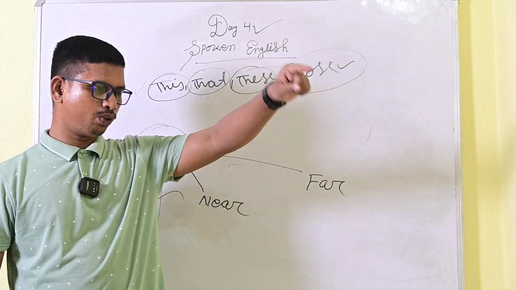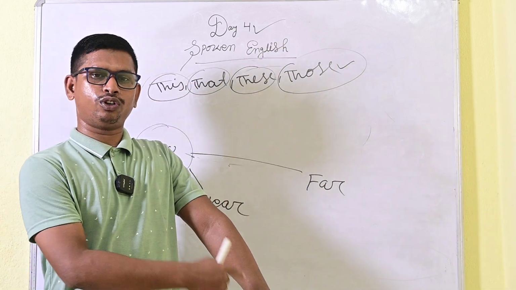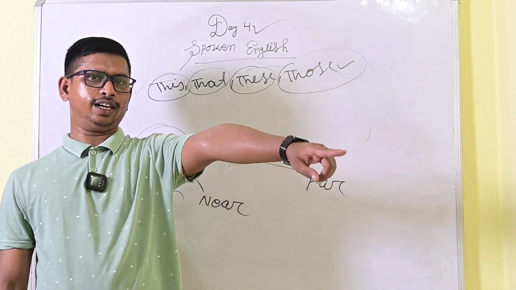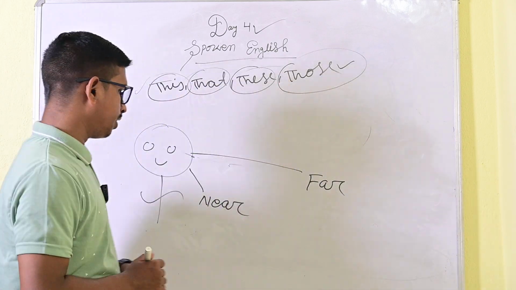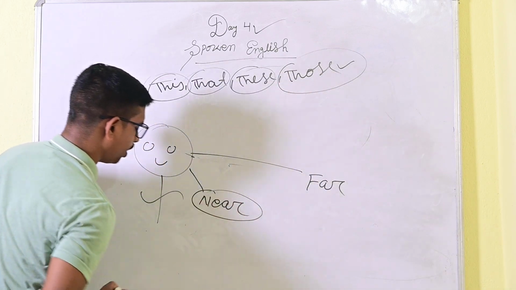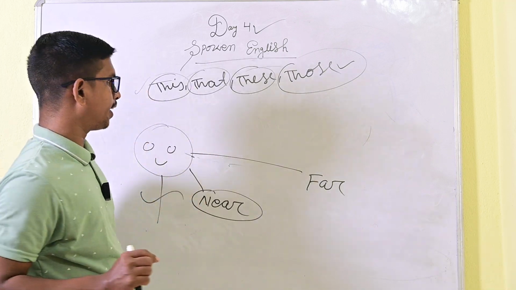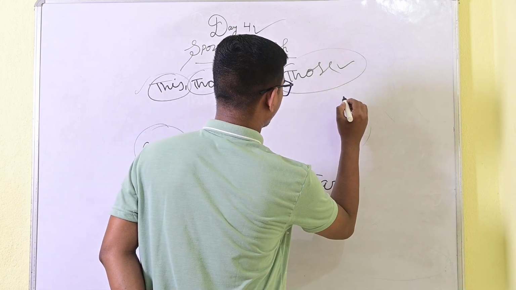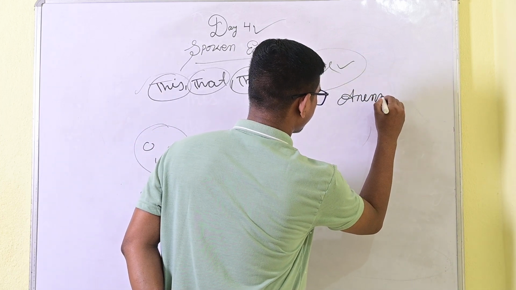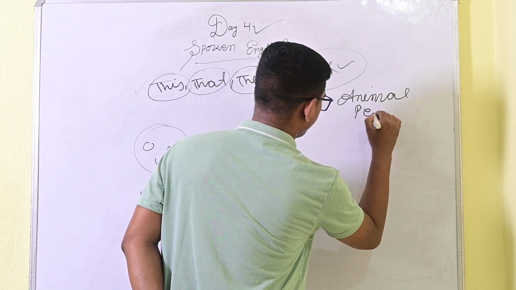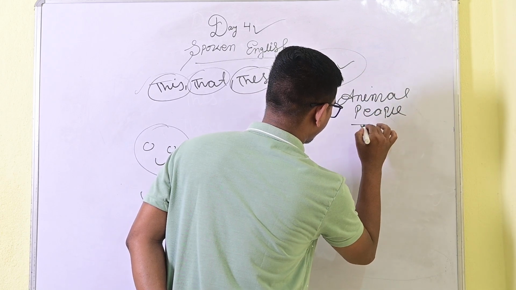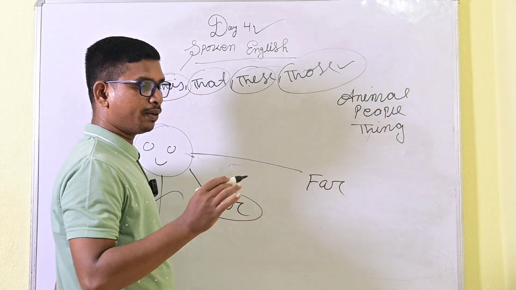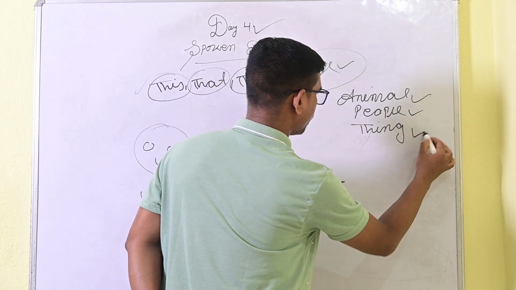Sometimes we talk showing our finger like this. When we show our finger like this, it means it is near. When we show our finger like that, it means it is far. When we are talking about near, and about one single thing, we use this. This, that, these, those can be used with animal, people, and thing.